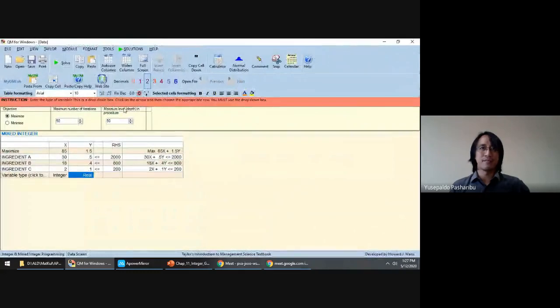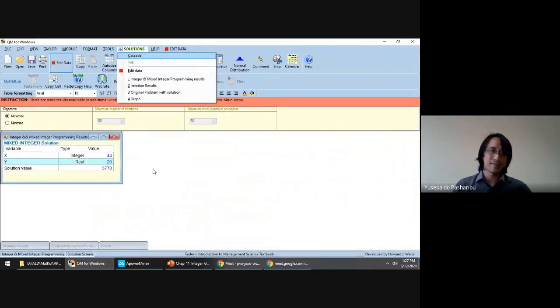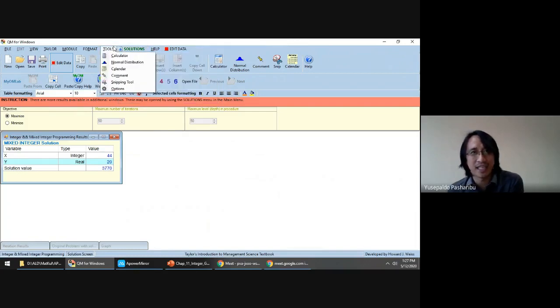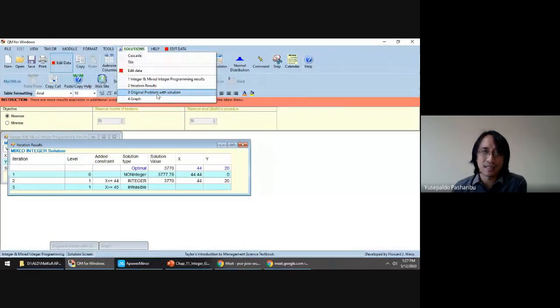After we've done with the equation, click solve, and we will see the result. Xylene must be produced in 44 bags, and hexal is 20 pounds, with the maximum profit that can be achieved being $3,770. Do you want to see another result?